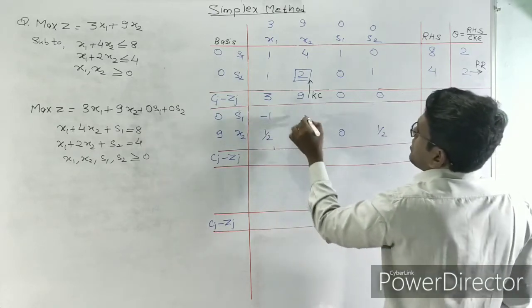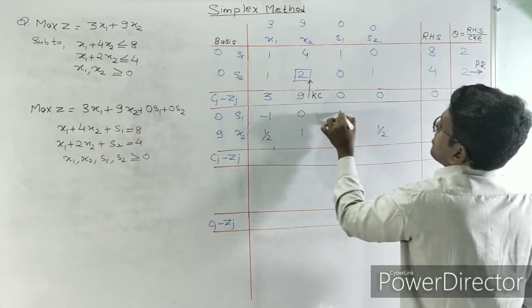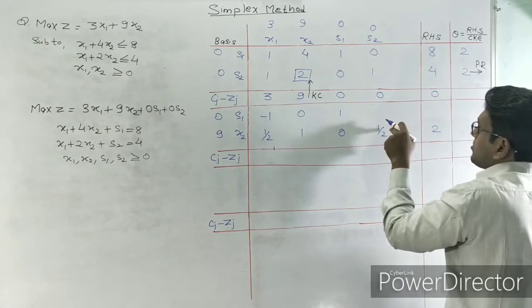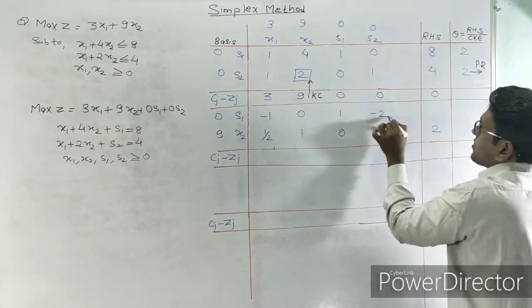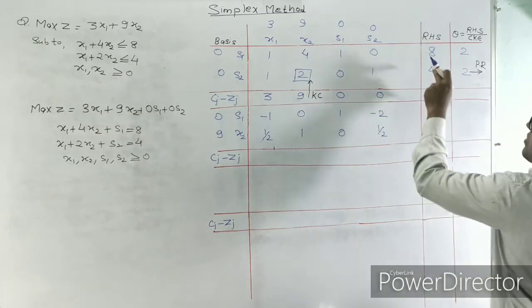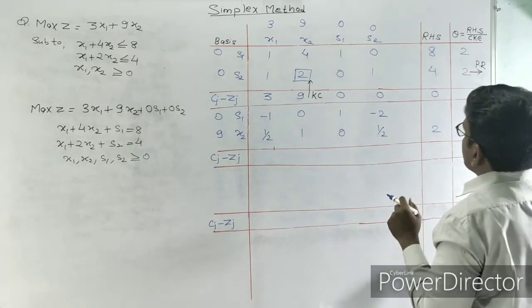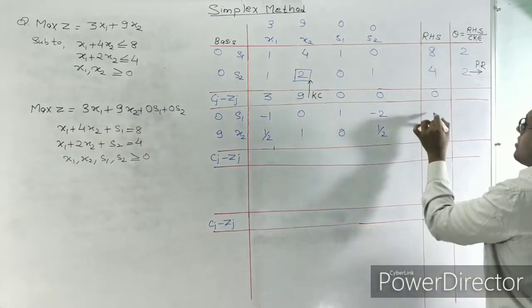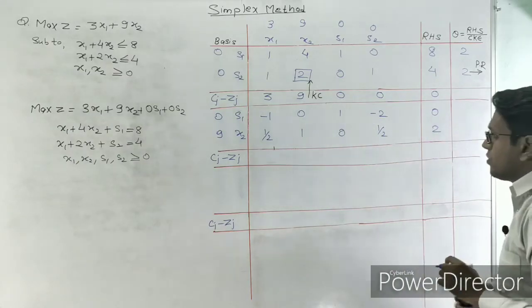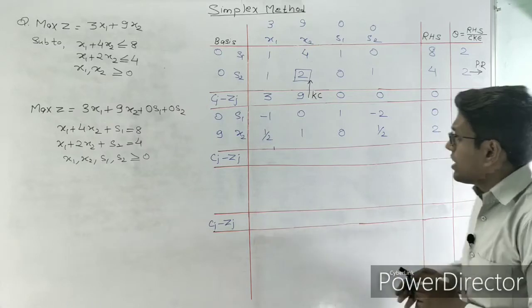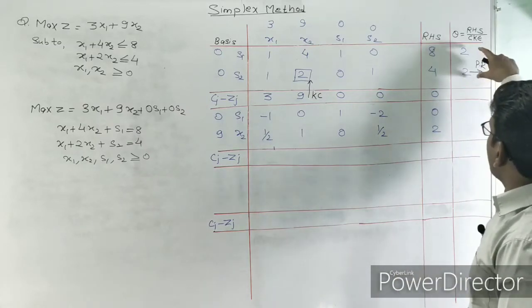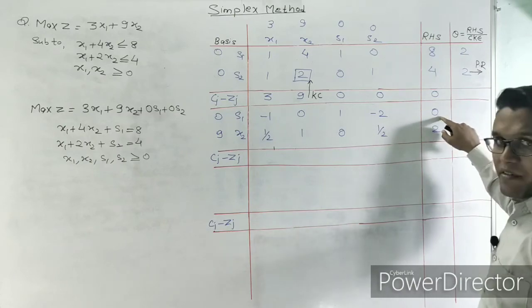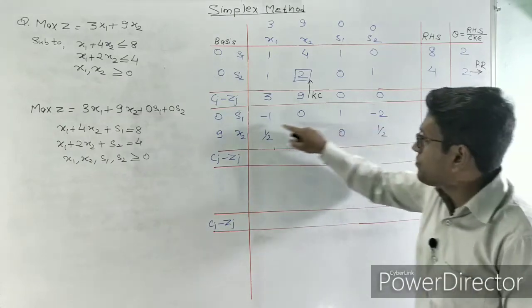This will be minus 1, this will be 0, this will be 1, this will be 0 minus 4, that means 2, this will be minus 2. Okay, this will be 8 minus 4 times of this, which is 0. So again we can see that now, after the tie, we again have one of the basic variables having the value 0.